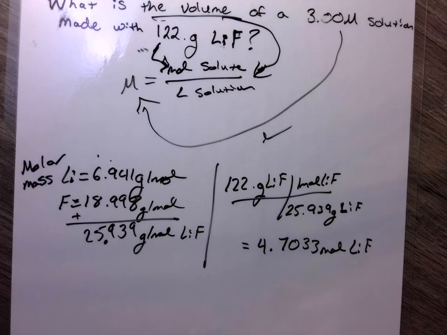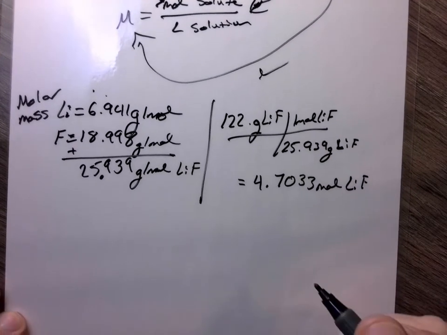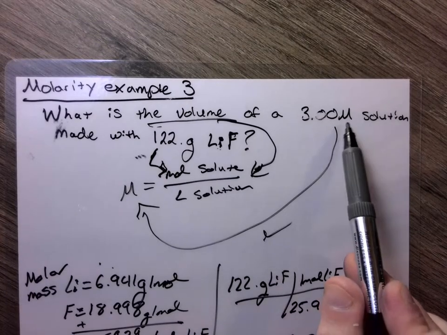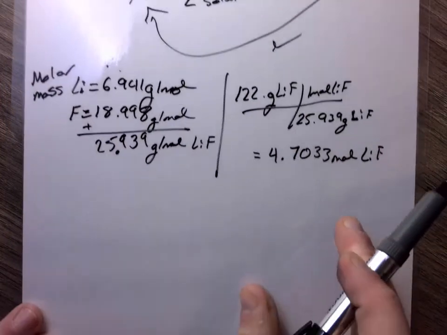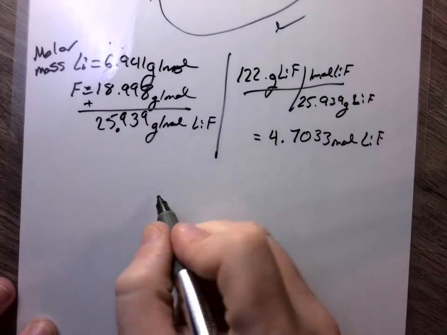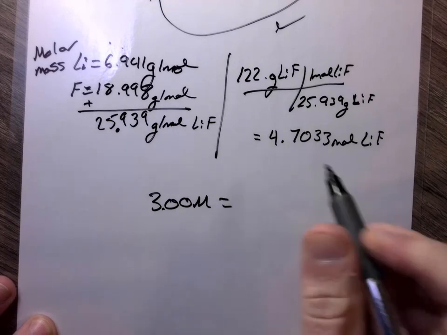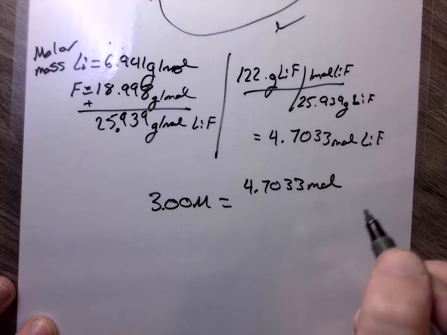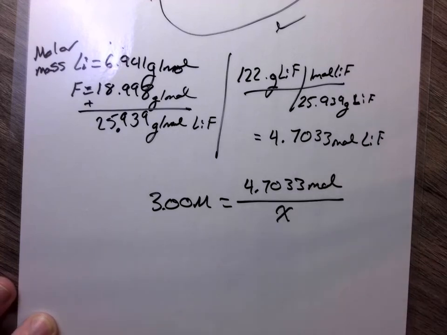Then my next step is to divide by volume, but I don't have the volume. I need the volume. So if I go back to my problem, it gives me molarity. Now I have moles, I don't have volume. So let's set it up. 3.00 molar is what it gives me, is equal to 4.7033 moles divided by, we're going to call it X. So we got to get X by itself.